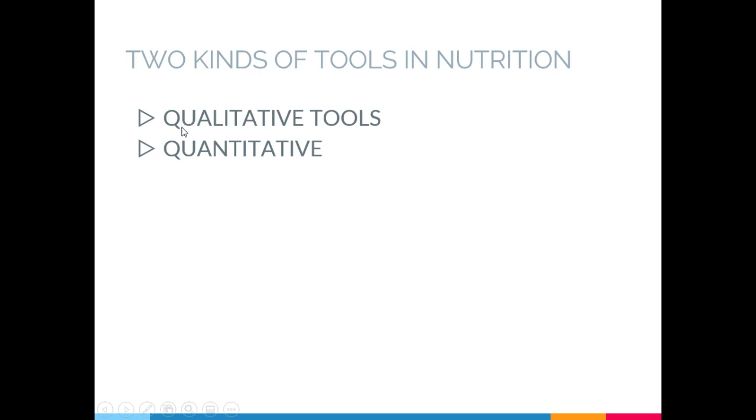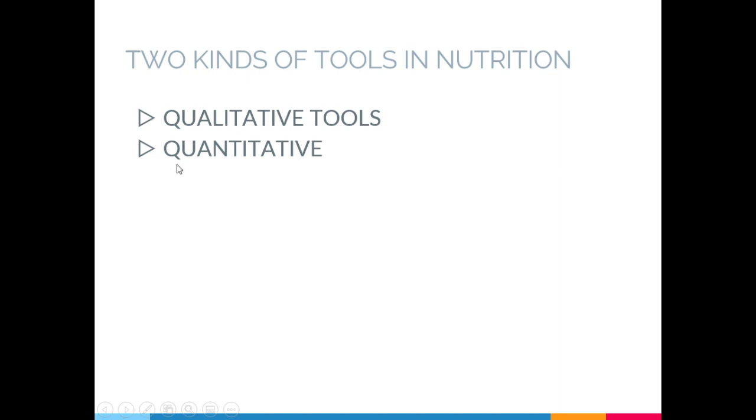Most of them are presented graphically, in picture forms or in description forms, so we don't deal with numbers here. While of course the opposite of that is quantitative, which is numerical, really numbers.